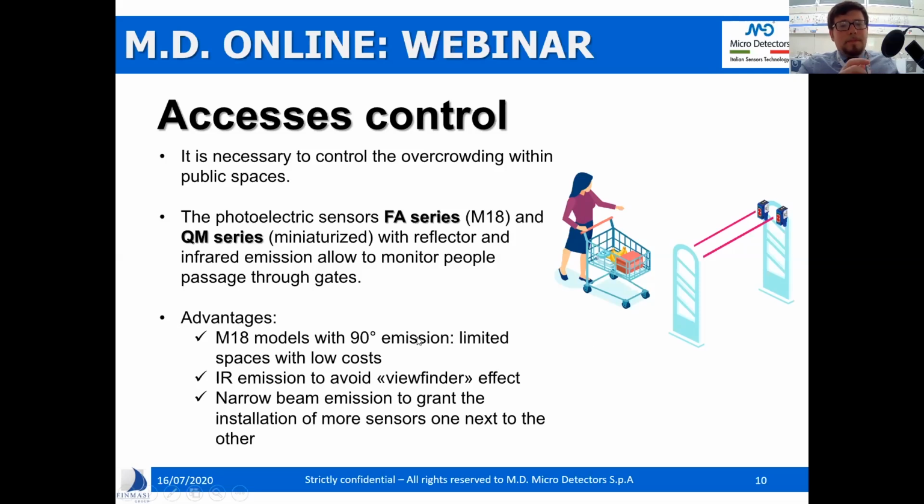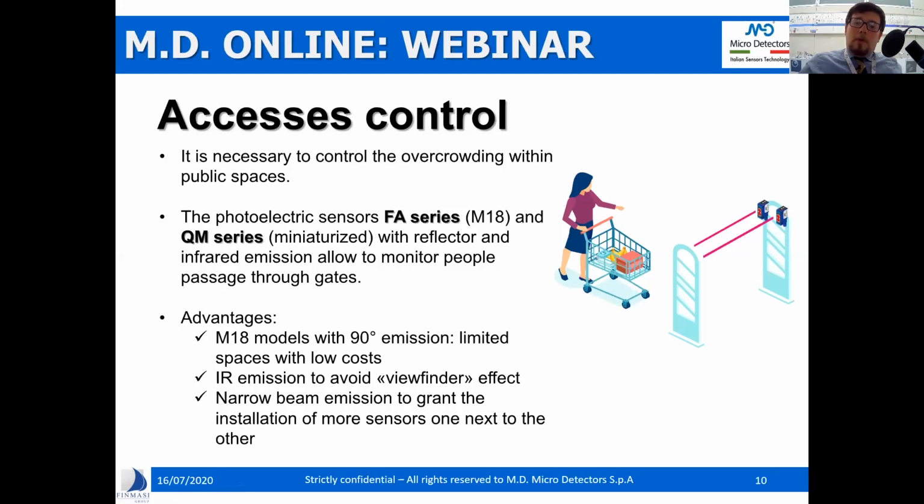I want here to underline an important point about our models. We have the possibility of providing models with infrared emission. Why is it so important to have infrared emission instead of red?